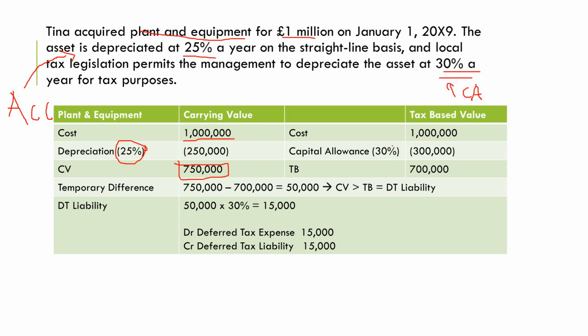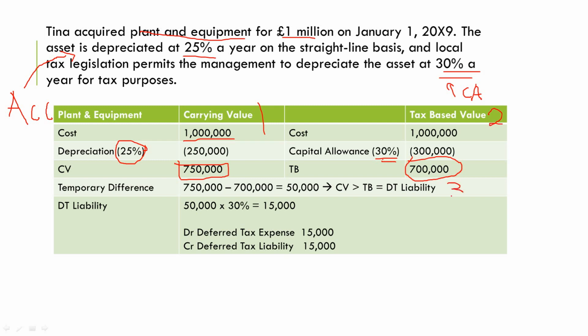But for tax base, you are allowed to depreciate the asset by 30%. So capital allowance 30%. This gives a tax base value of the asset of 700,000. So this is the tax base value. Okay, so this is step number 1. Step number 2.